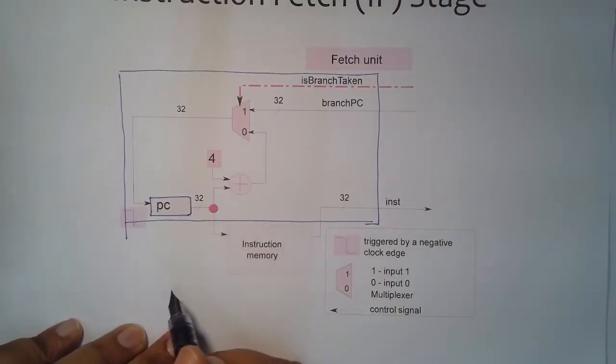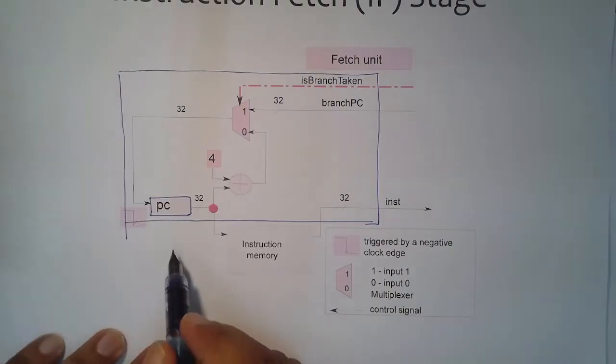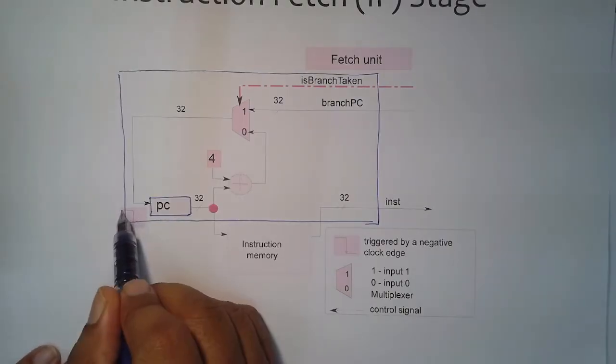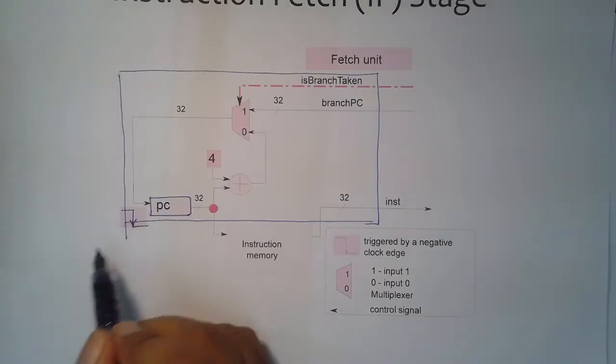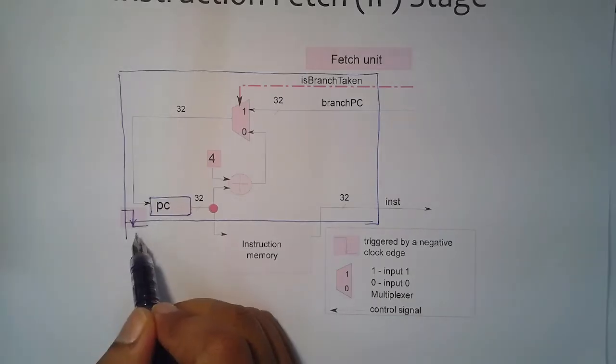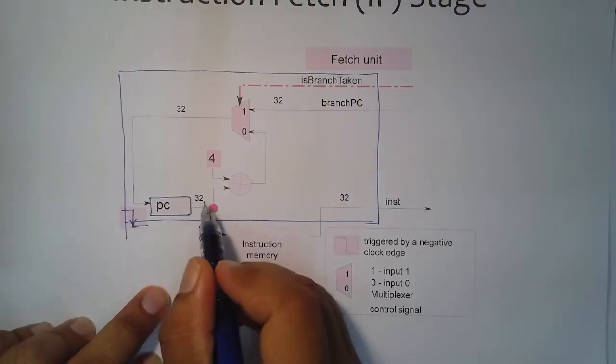For our discussion, let's say this is a negative edge triggered program counter, so whenever the clock signal goes down and the negative edge arrives, the program counter updates.